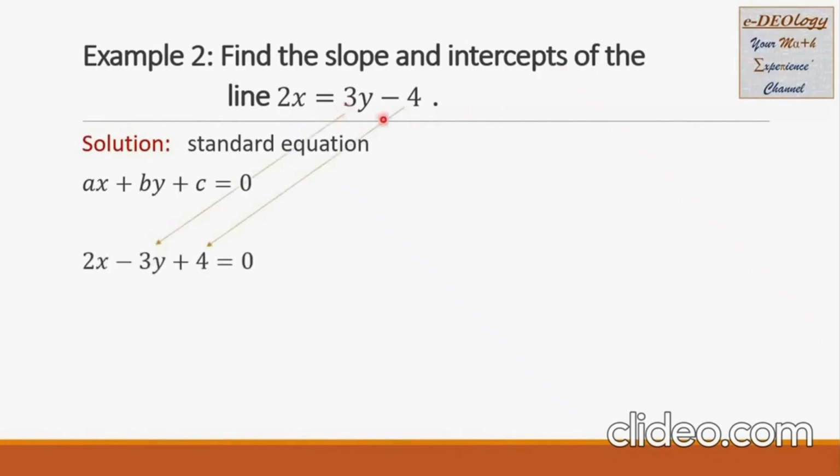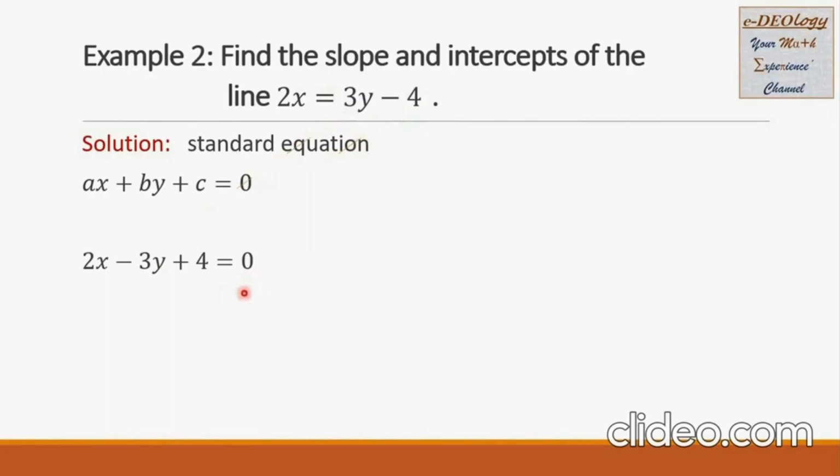The 3y and the negative 4 will go to the left side. Of course, the signs will change respectively. So the 3y here will become negative 3y on the left side, while the negative 4 will become positive 4, and all are equal to 0.